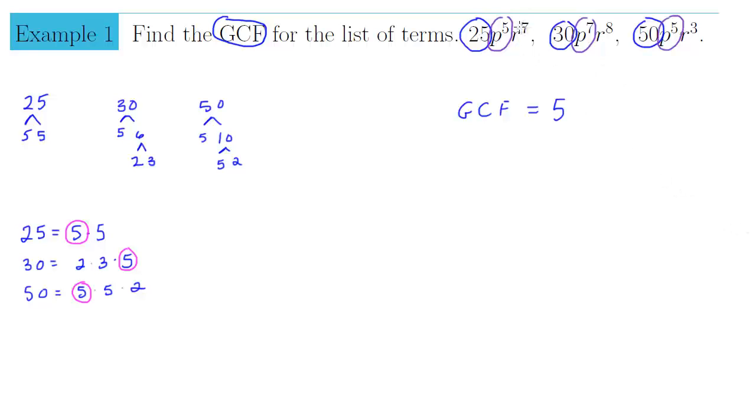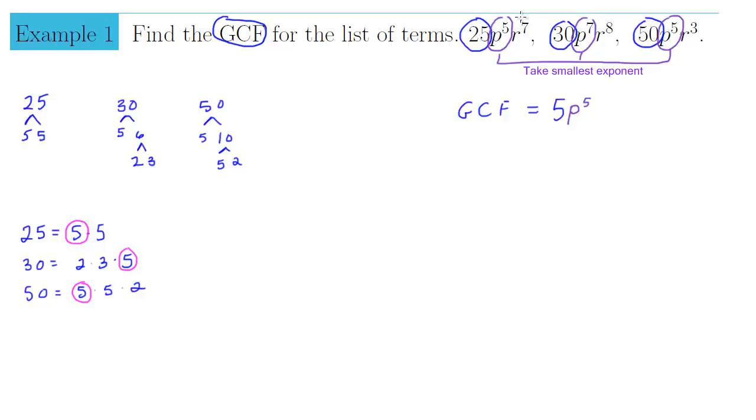Remember, when you're looking for the GCF between a variable to an exponent, you should take the smallest exponent. Between p to the 5th, p to the 7th, and p to the 5th, they all have 5 p's in them. So using that logic of taking the smallest exponent, we know that our GCF must have a p to the fifth.